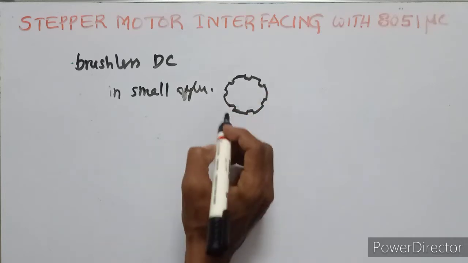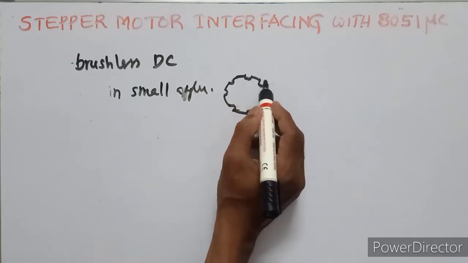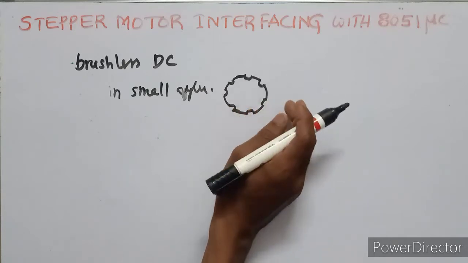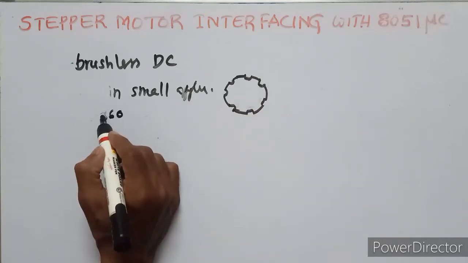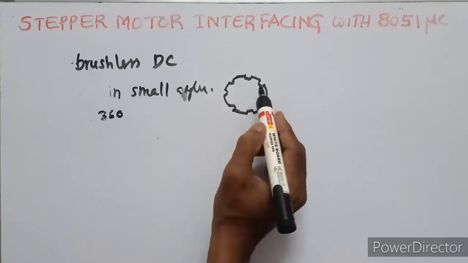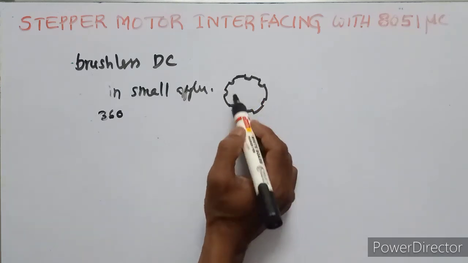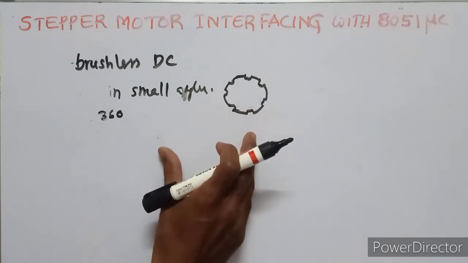Generally, stepper motors use 200 steps to complete a 360-degree rotation.